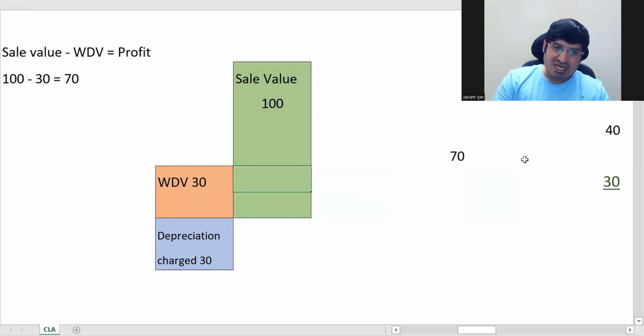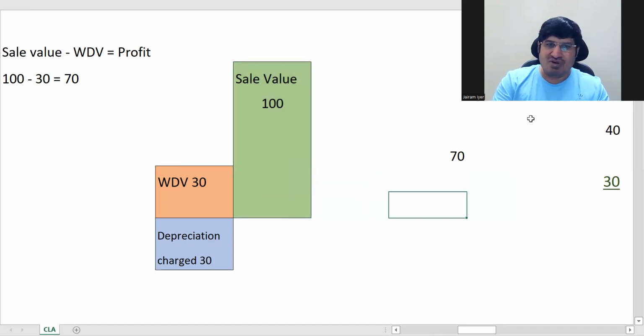WDV is 30 and say the sale value is 100. So what is his profit now? Similar to the previous one, the same way we calculated profit and loss, his profit from year to year is 100 minus 30.